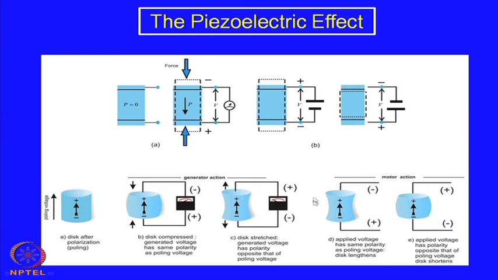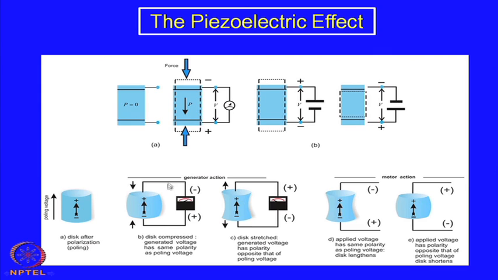Now, these two together are called motor action, because in a motor you are applying an electrical field, or in fact electrical energy is converted to mechanical energy. That is the function of an electrical motor. So, here this is also called the motor action, because application of an electrical field is converted to mechanical energy, whereas this is a generator action, the reverse of the motor, where mechanical energy is converted into electrical energy.